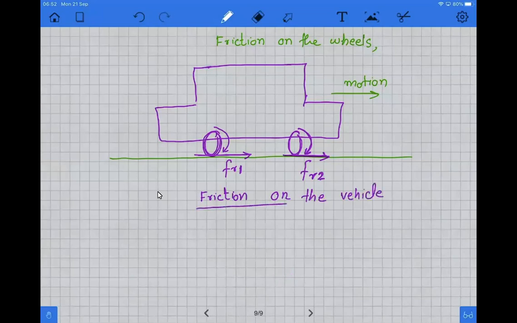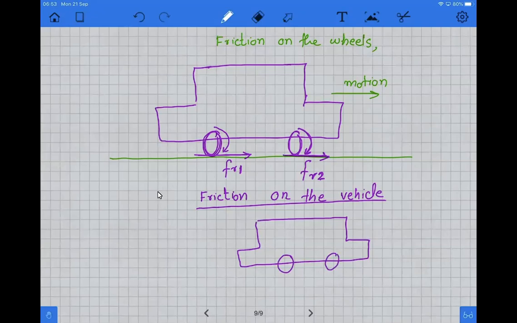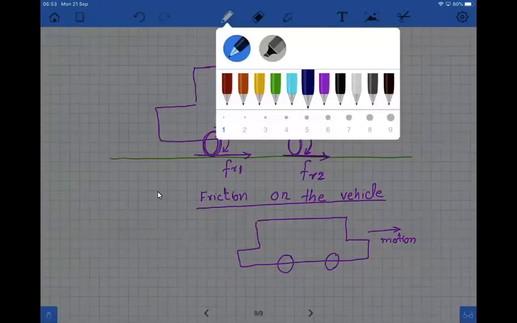so for overall friction on the vehicle, a vehicle has 4 wheels. These are the 4 wheels. It's moving forward, and the net effect of the friction is obviously against the motion.